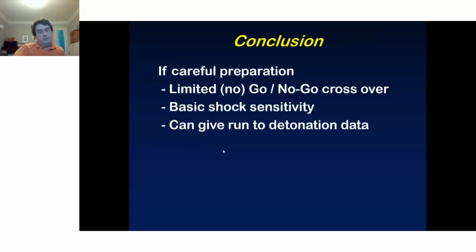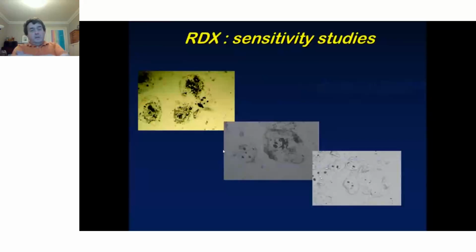So that was good. Having got that technique established, you can now start applying it to materials produced from different processes. So we did some RDX sensitivity studies. Here we see 3 images showing crystals of around the same size produced by different manufacturers.